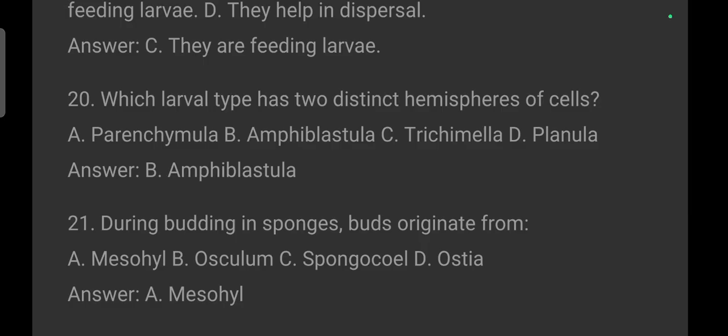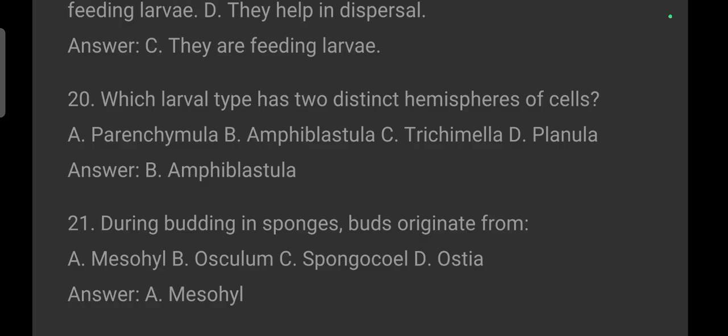Which larva type has two distinct hemispheres of cells? Option A parenchyma, amphiblastula, trichomela and planula. Answer is amphiblastula. Amphiblastula has two sides. In the anterior half it has flagella, but the posterior half does not bear flagella.